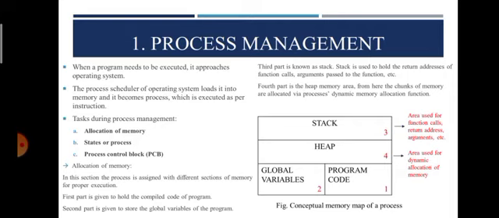So the first part contains the compiled code, and in the second part all the global variables of the program will be stored. The first part and second part have been completed. Now the third part is known as a stack.